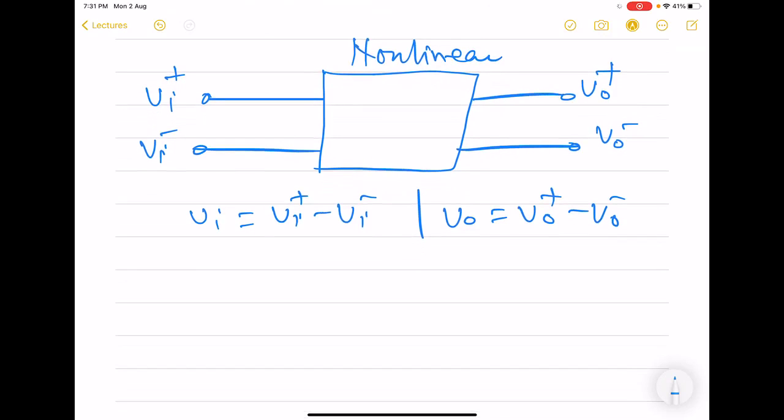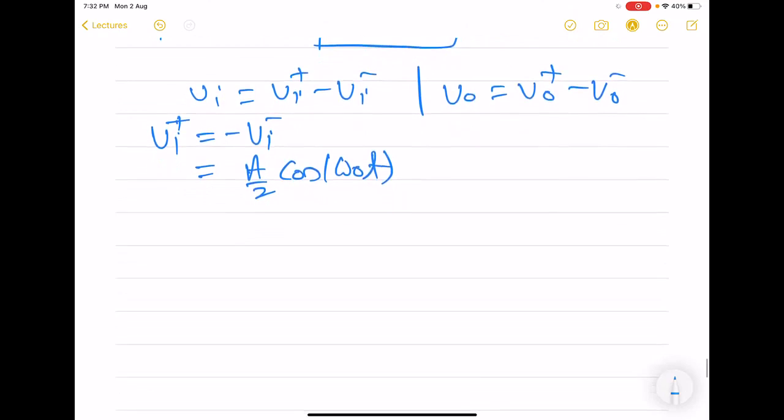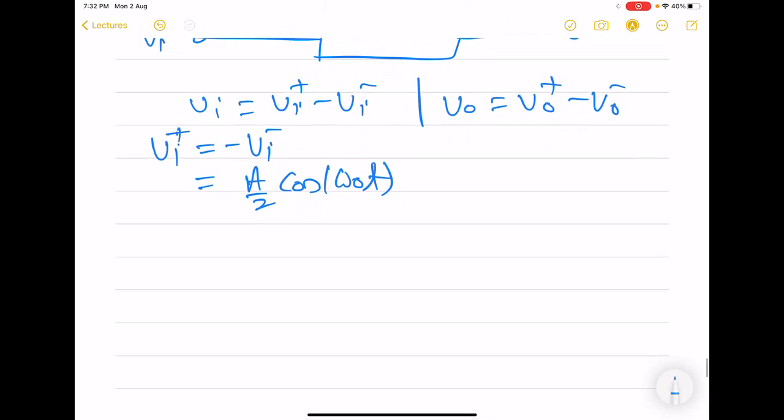And here, this Vi plus is minus of Vi minus, and this will be A by 2 cos omega naught t. So now each of these Vi plus and Vi minus will get modified by the output expression.